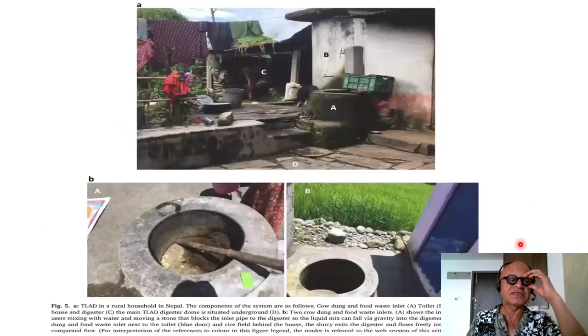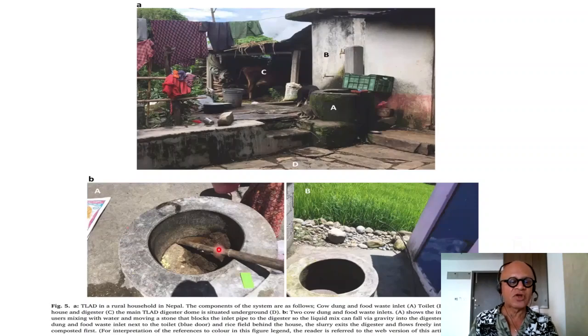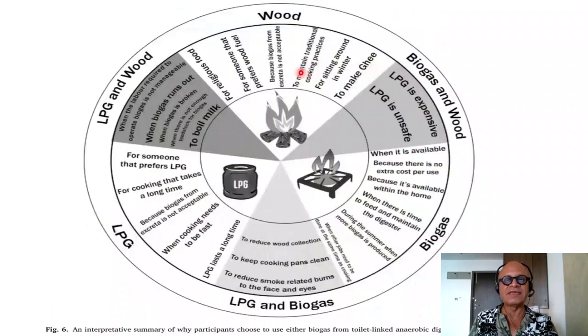Okay, so here is an example of a Nepalese house with toilet-linked anaerobic digester that I won't go into the details. Looking at the interpretative summary of why participants choose to use either biogas from toilet-linked anaerobic digesters, wood or LPG.